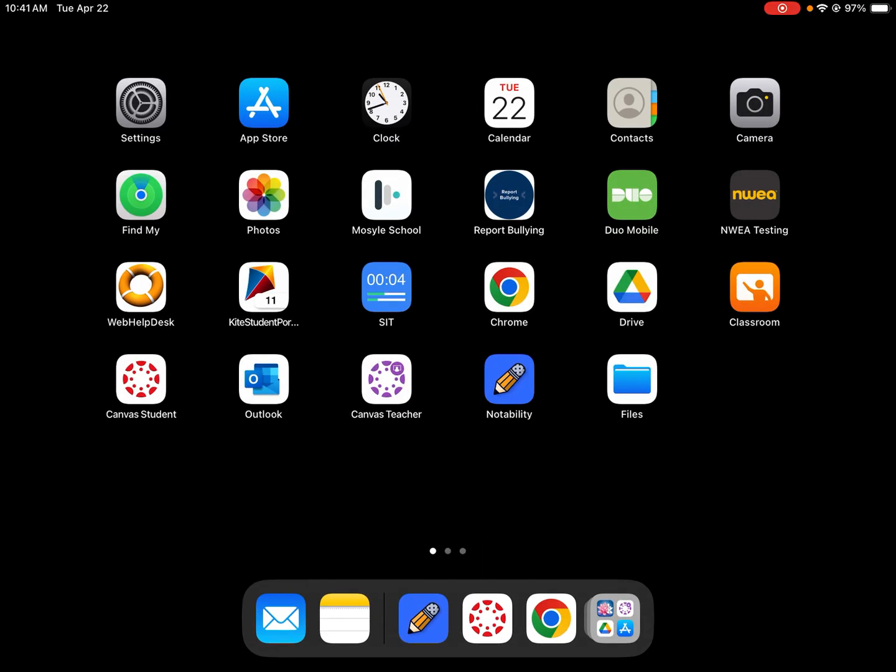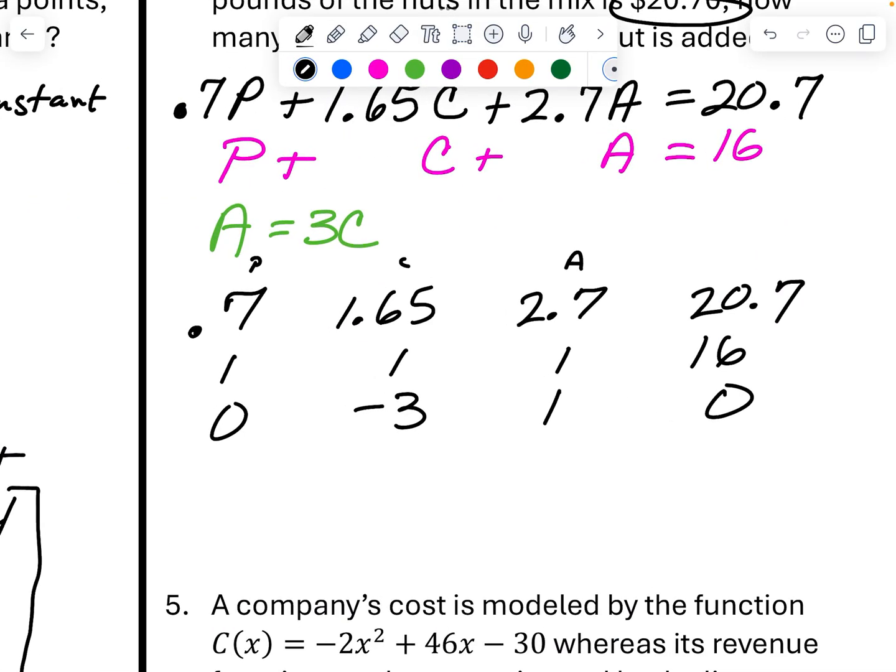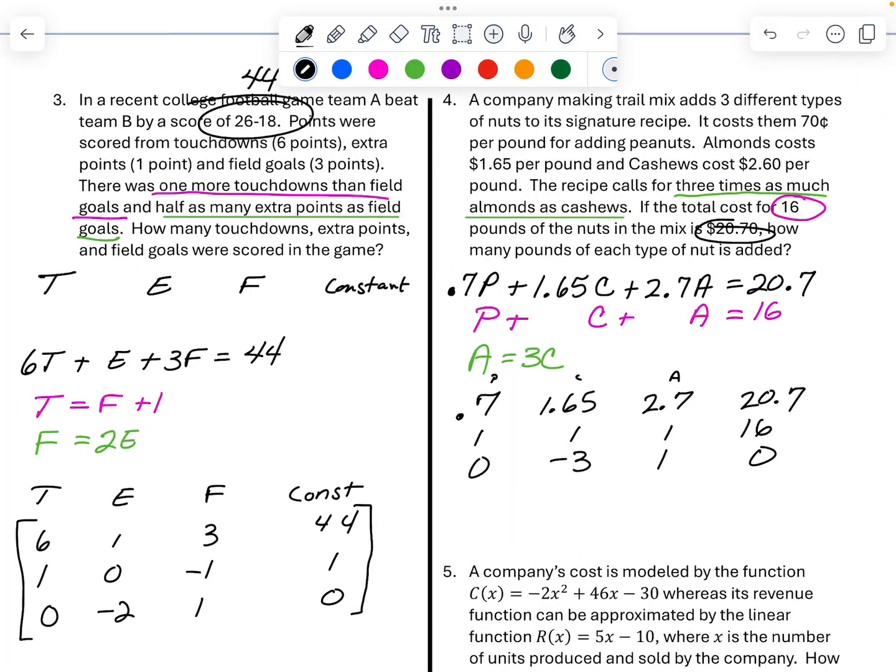All right. So what's wrong with what we did here? So 70 cents for the peanuts, $1.65 for the cashews, $2.60. No. Cashews cost $2.60. So there's my mistake. This should be a 6.